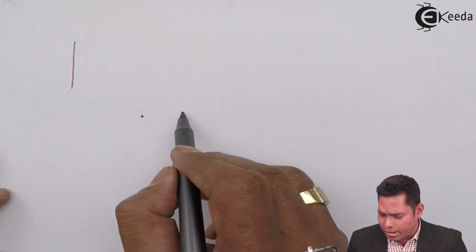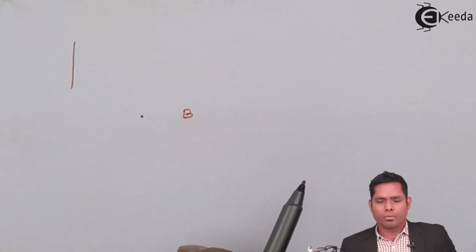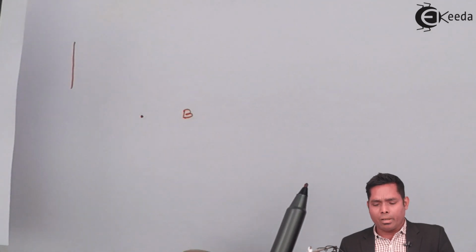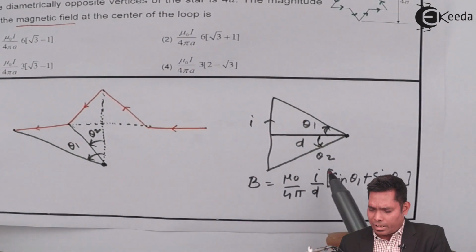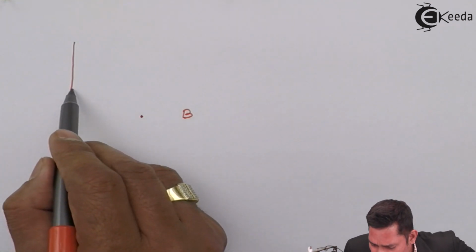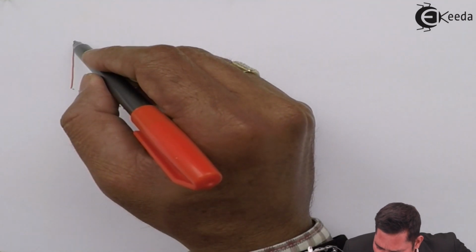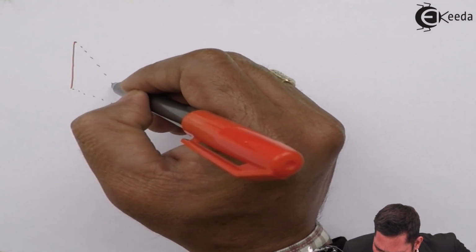If I take a point over here and I want to find B, then what formula will we have? You can see that there will be certain changes, because this line I will join from this top part to this point.